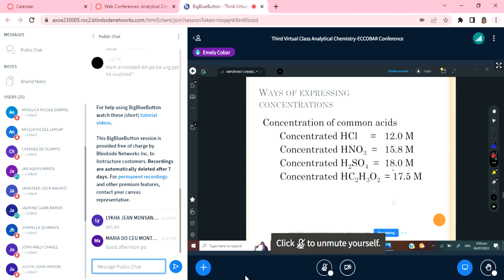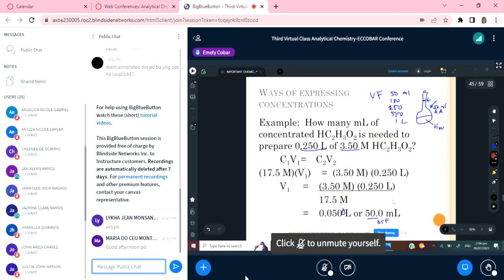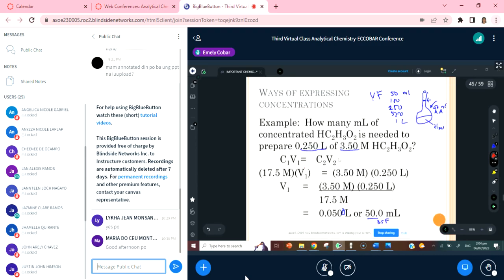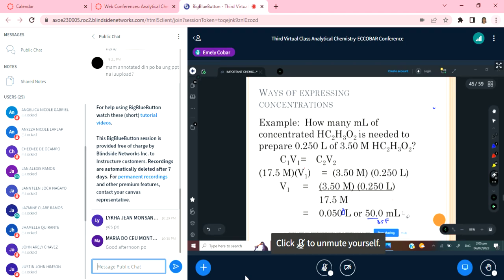Okay? Next. So, using this information, okay? So, it says here, how many ml of concentrated acetic acid is needed to prepare 0.250? Alisin muna natin itong mga ito. Okay, yan, class. So, tingnan natin yung problem.